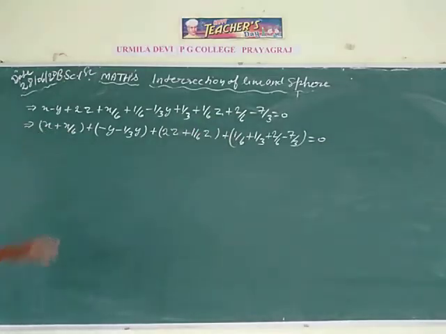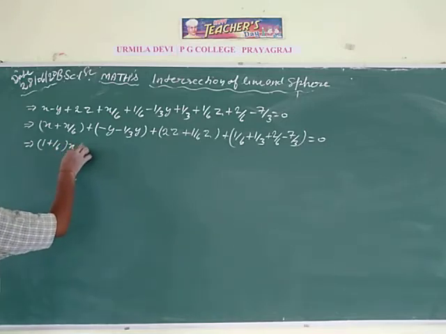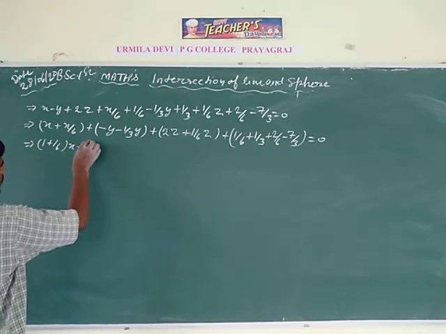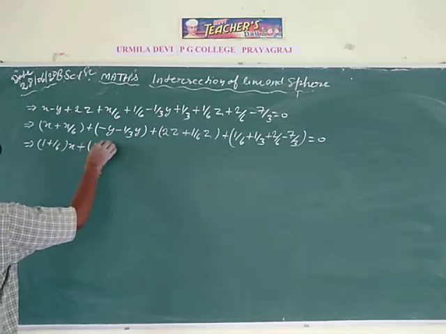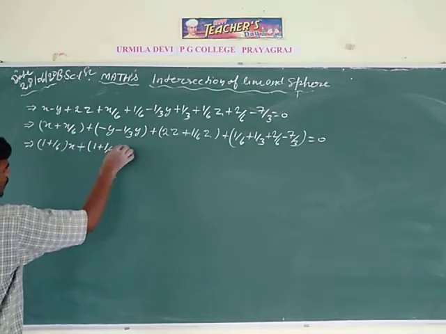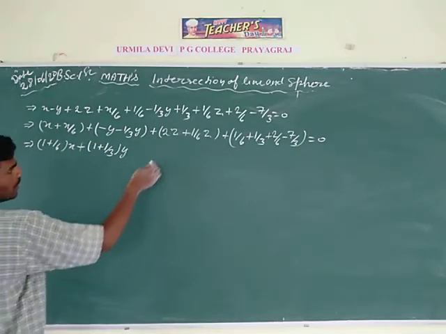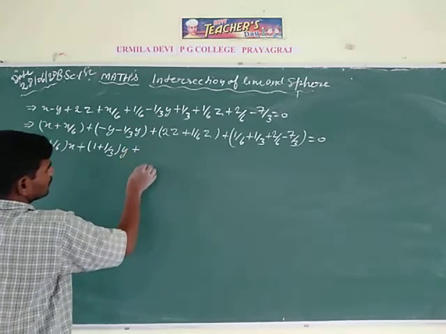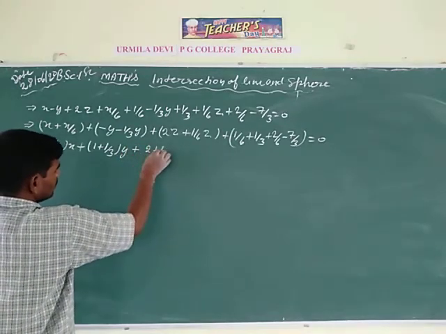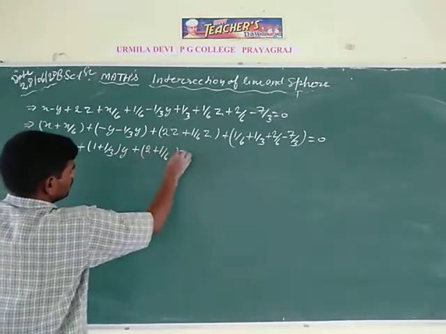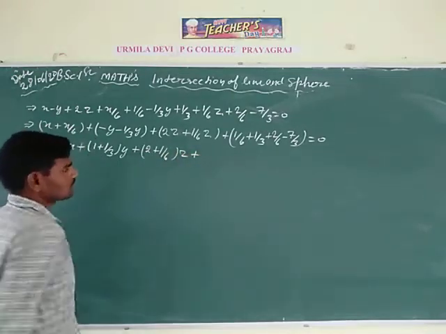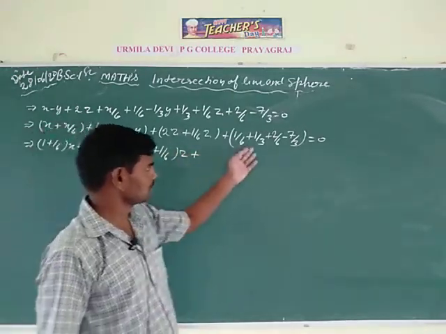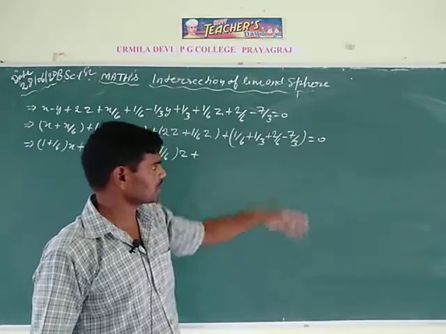Here x is taken common from the bracket, 1 plus 1 by 6 times x, and minus taken from the bracket, write 1 plus 1 by 3 times y. Here z times 2 plus 1 by 6 z, plus 1 by 6, 1 by 3, 2 by 6 minus 7 by 3.